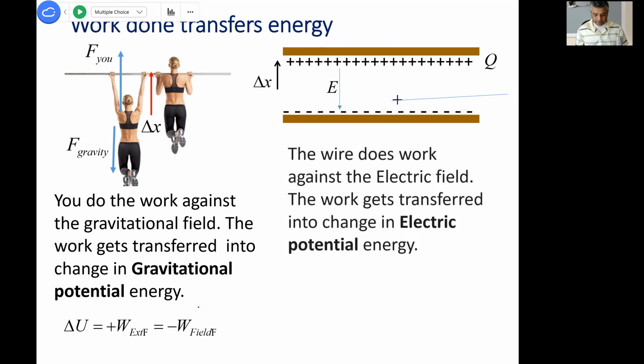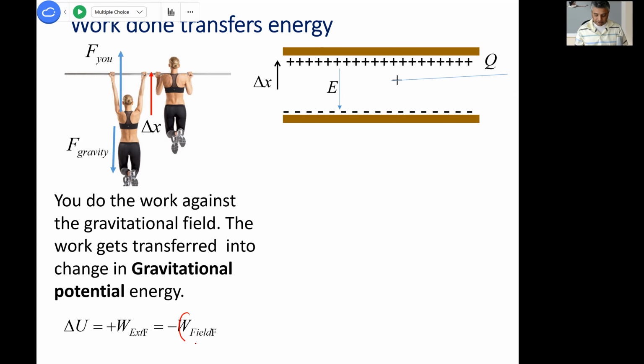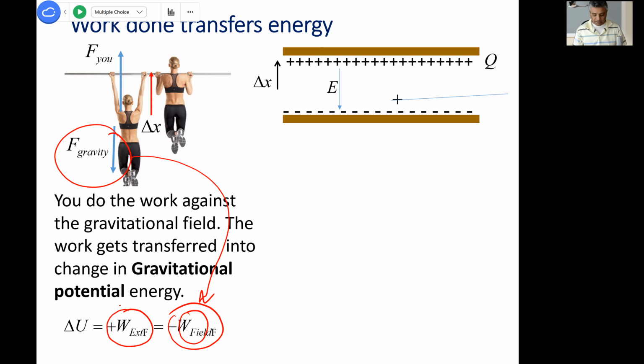There is this field. Gravitational force is a field. We can write in terms of field, okay? So gravitational force is doing negative work compared to the work you are doing, okay? And they have opposite sign. One is positive, another one is negative.